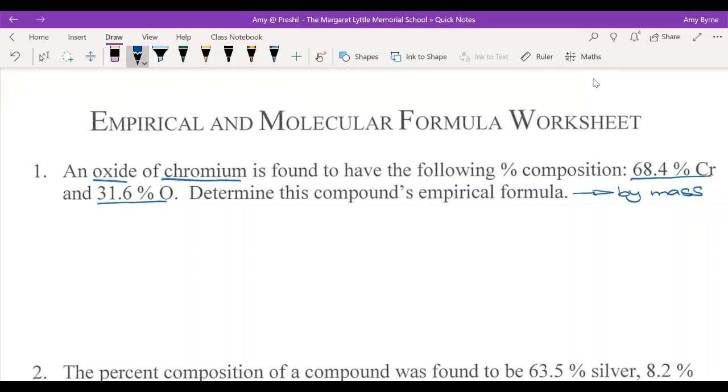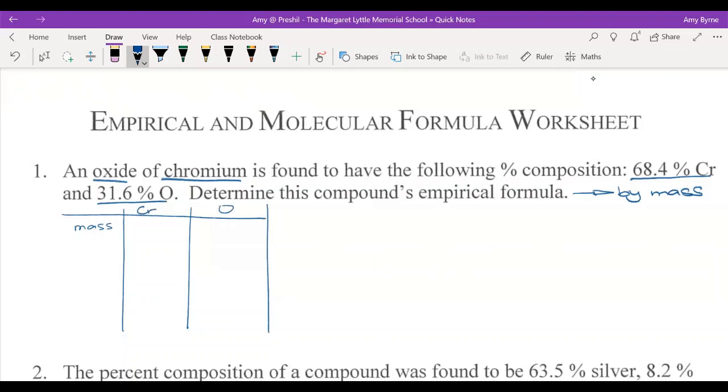When you're doing an empirical formula question, the first thing I will always do is draw up a table that looks like this. So I have chromium and oxygen by mass.